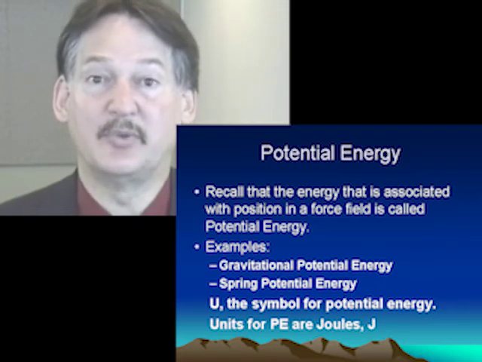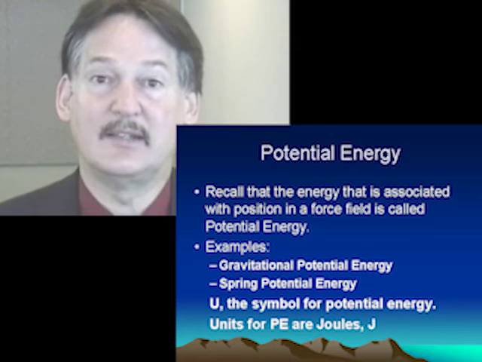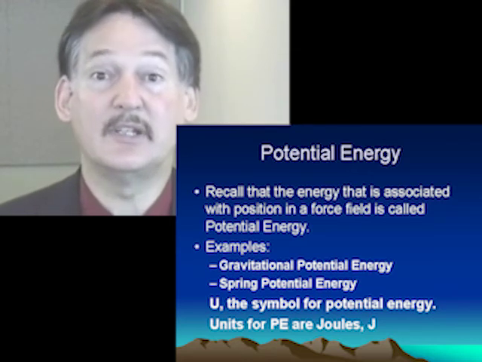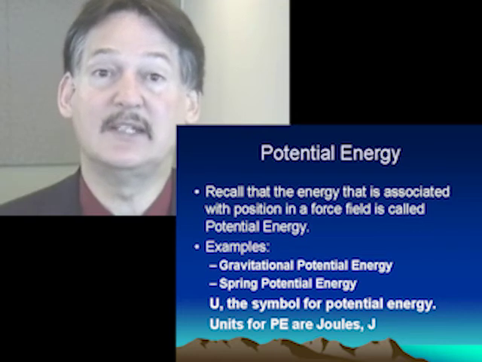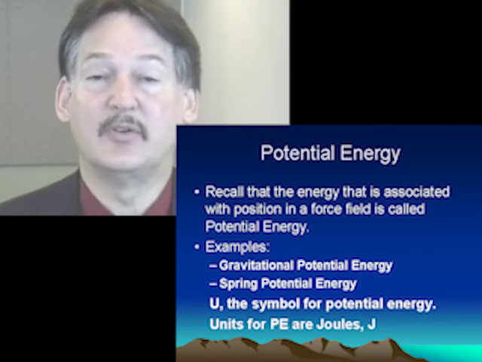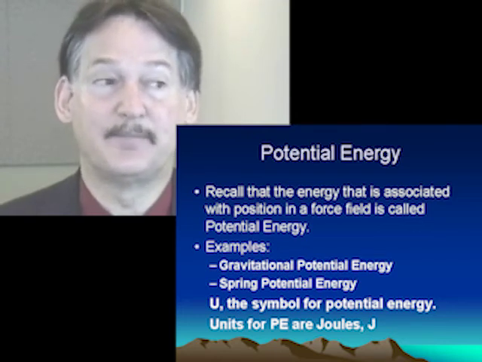And therefore, as a result of the idea that energy is not created or destroyed, it must have had energy even while it was at rest at a higher level, and that energy was not yet evident until it was released to fall. Therefore, we called that energy potential energy.